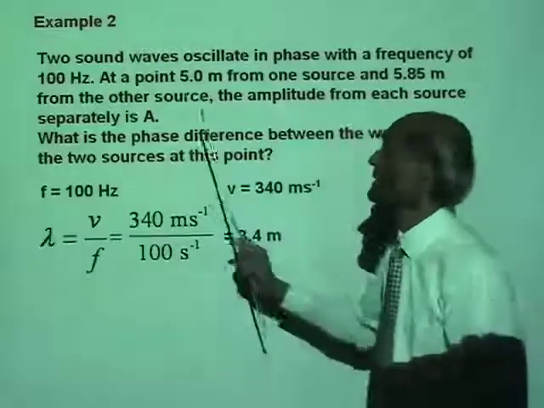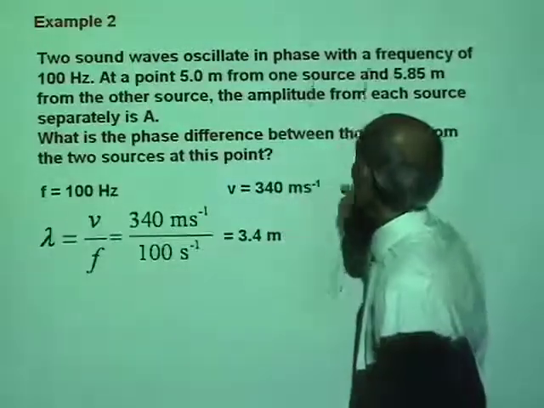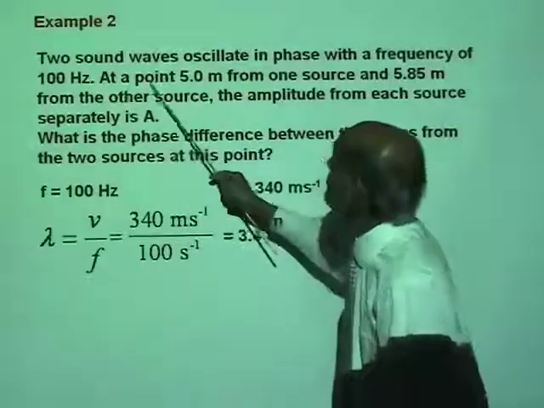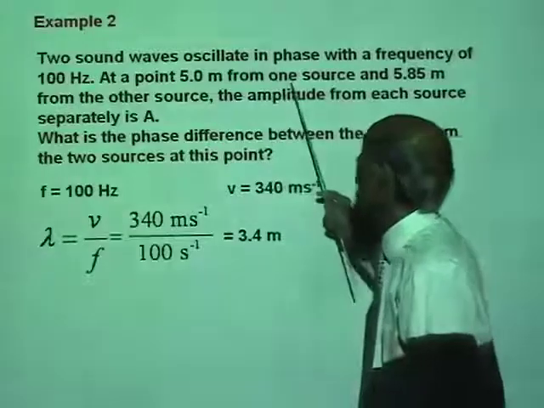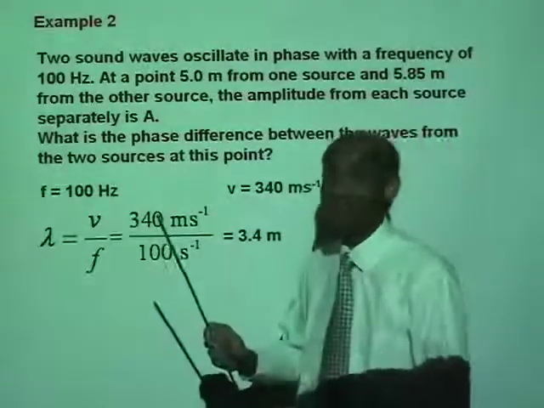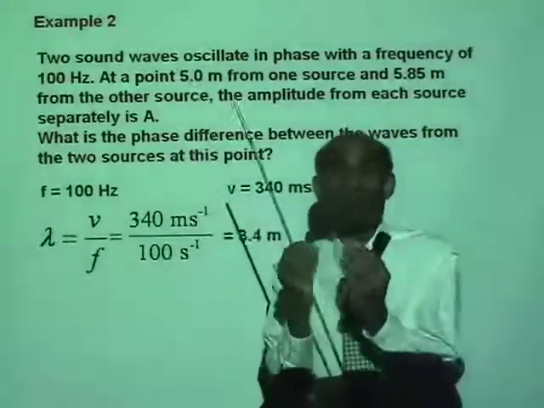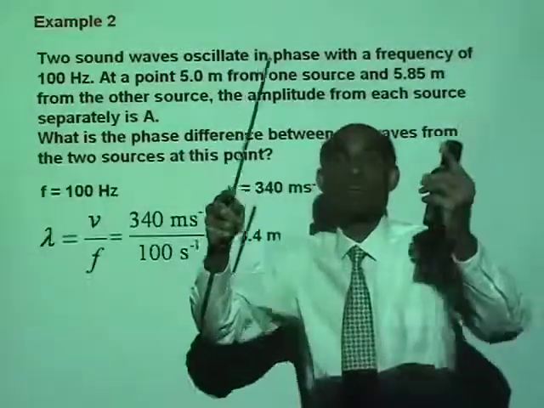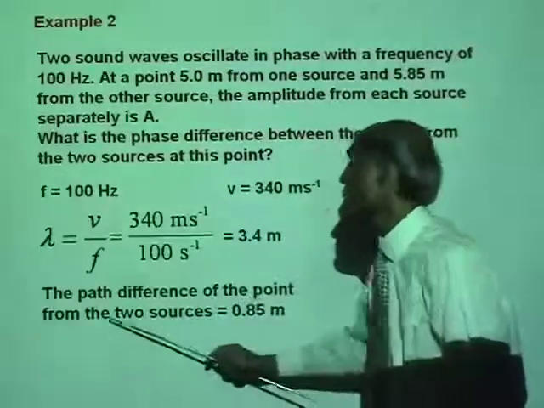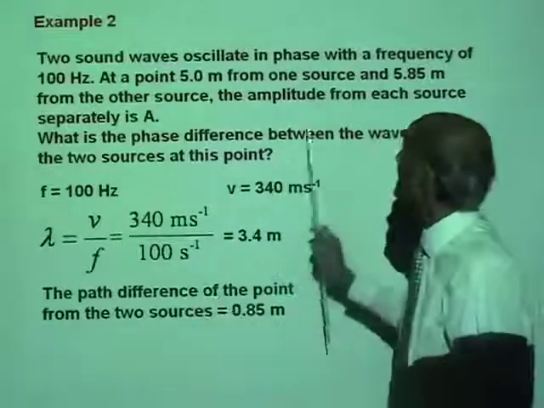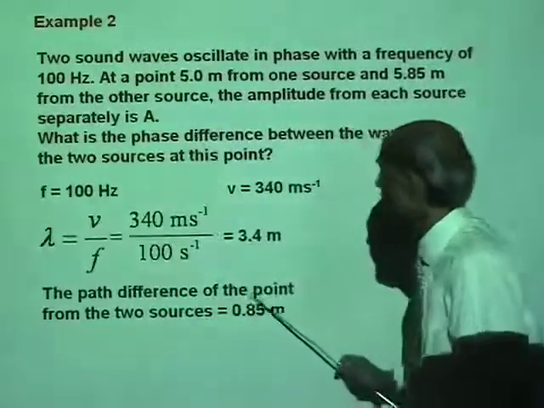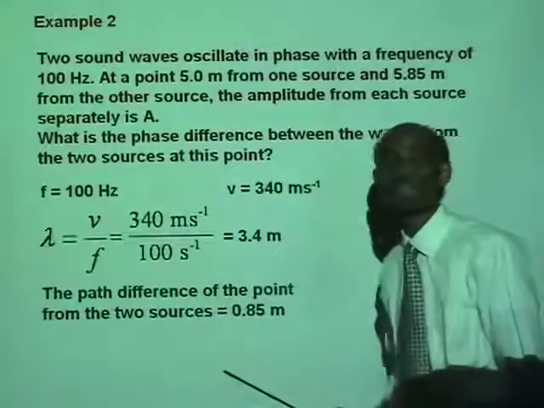Okay, now tell me, at 0.5 meter from one source and 5.85 meter from the other source, what is the path difference between the paths taken by these two waves? The path difference of the point from the two sources is 5.85 minus 5, that is 0.85 meter.